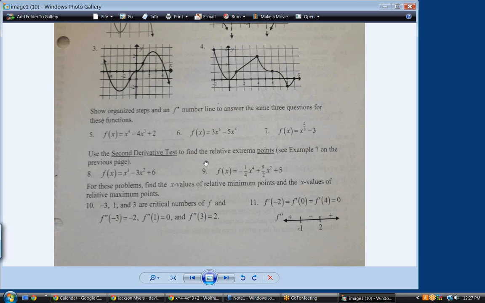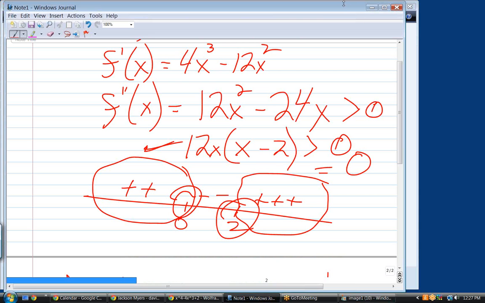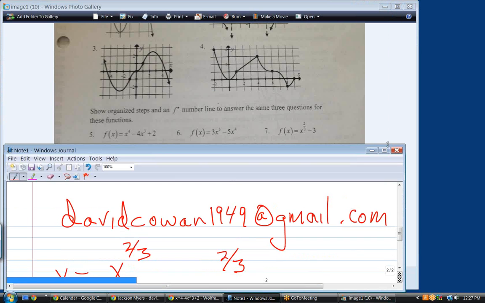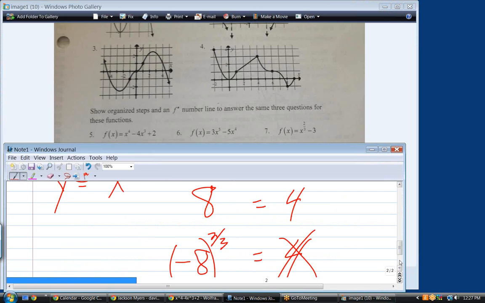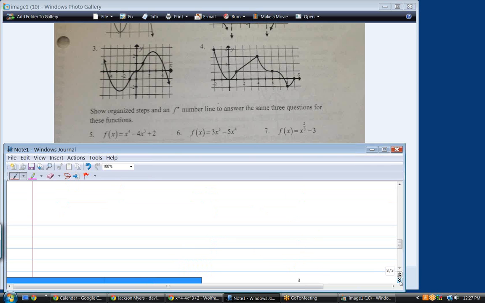Okay. Now, let's look at 6, on how to do 6. I assume that that's what you'd like to do. Yeah, that's fine. Okay. 7 is going to be the difficult one. That's got the 2/3 in it. In fact, is this the one we did when I saw you?